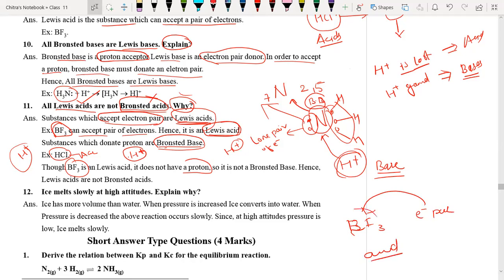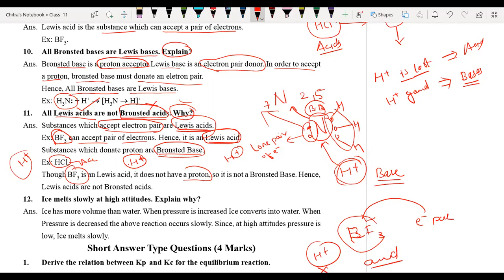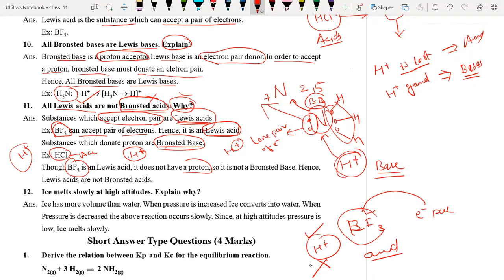But does BF3 have any H positive ion to lose? No. So it cannot act as a Bronsted acid. It can act only as a Lewis acid.